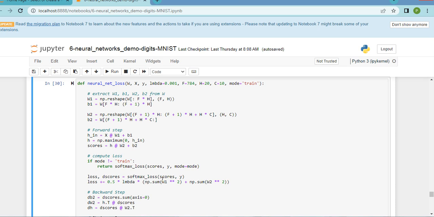The things we want to learn are the parameters. W's are parameters, and B are biases, which are vectors of real numbers. Now we have to find these parameters by minimizing this function.